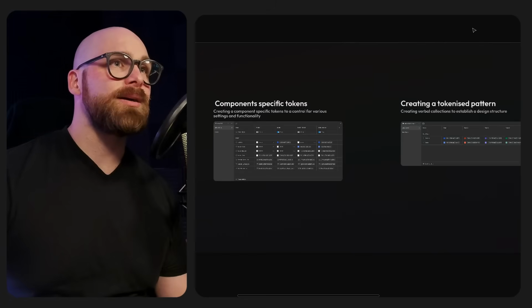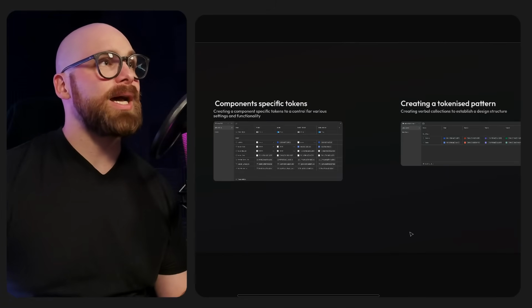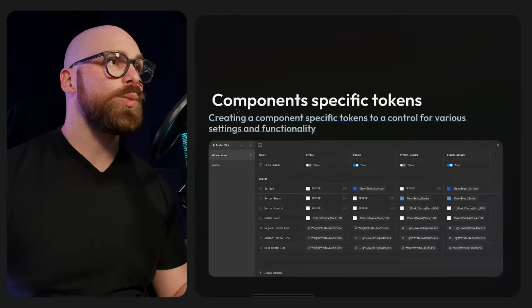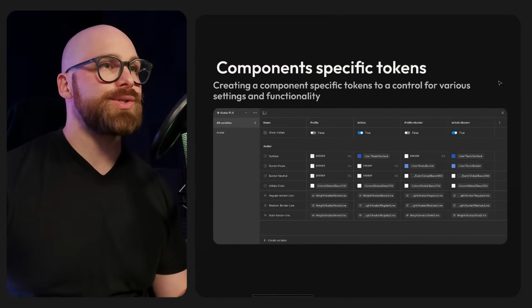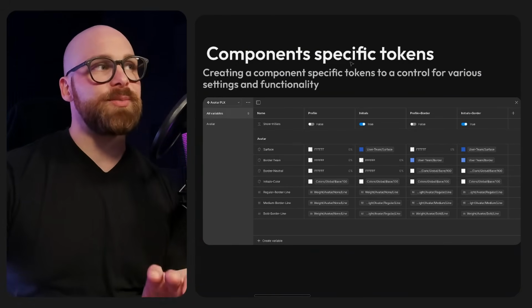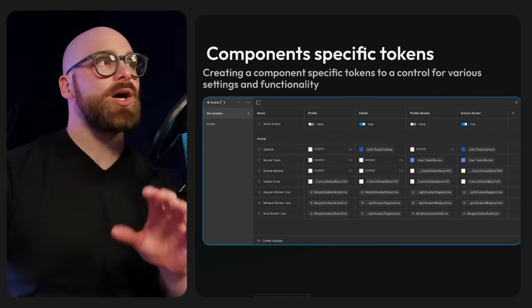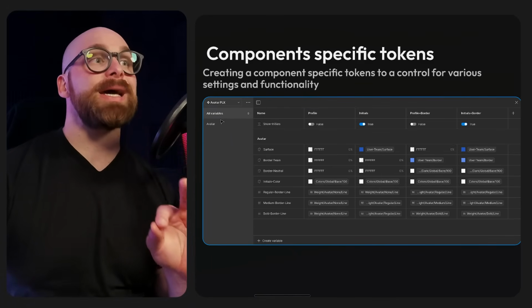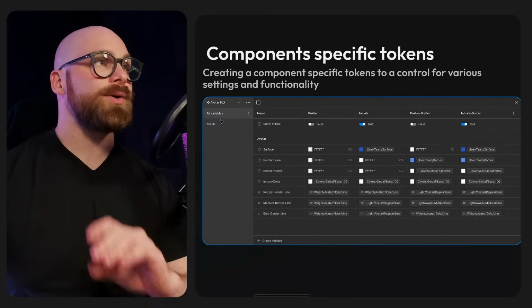Over here, we have our actual collections that we're going to be specifically looking at. We have our component tokenized collection. What this collection does very simply is allow us an object-specific collection, which is your component collection of variables that change this component itself.